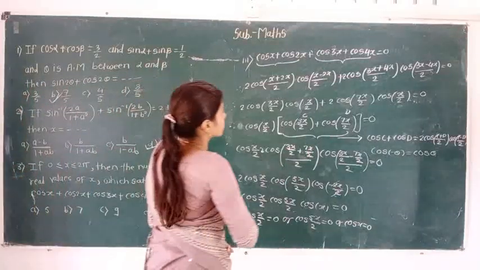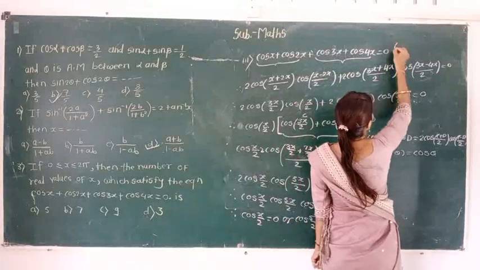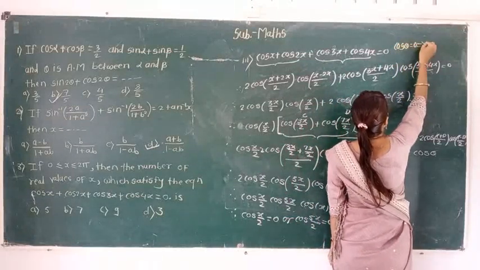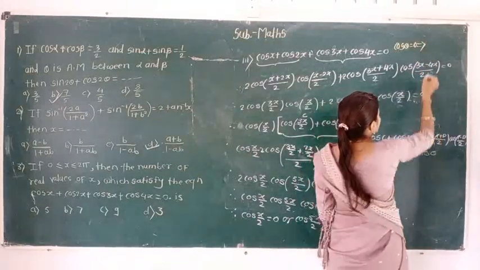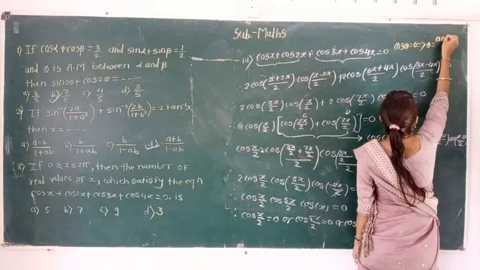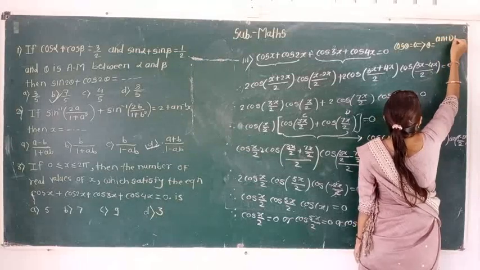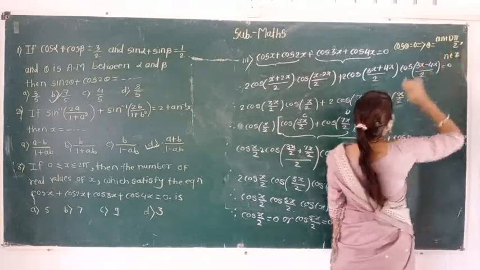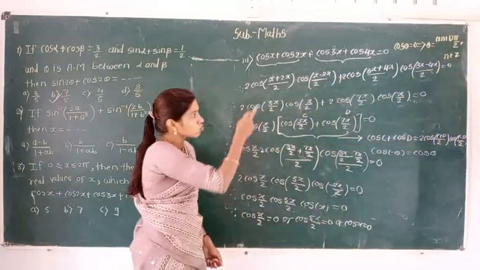We know that the solution of cos theta = 0 is theta = (2n+1)π/2, where n belongs to the integer numbers. So use this result.